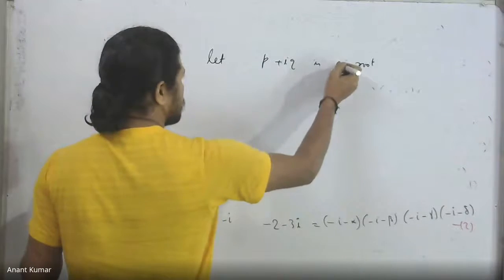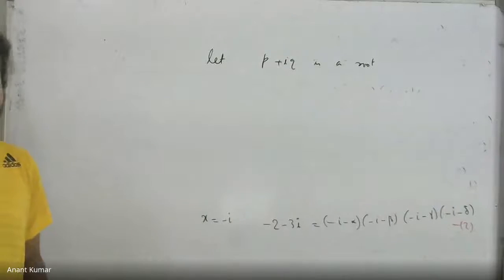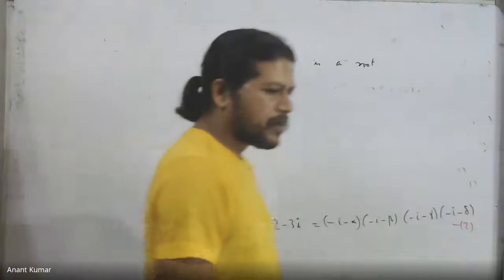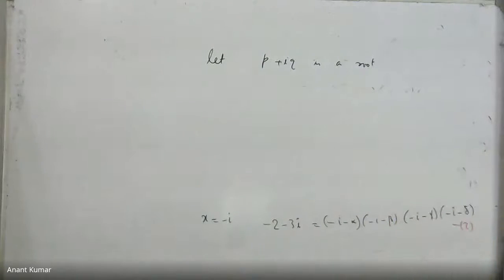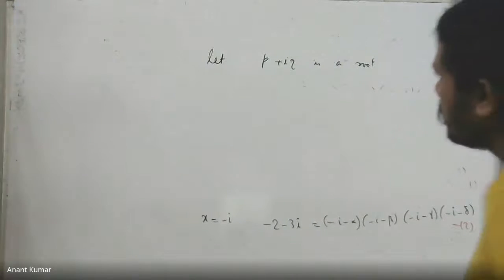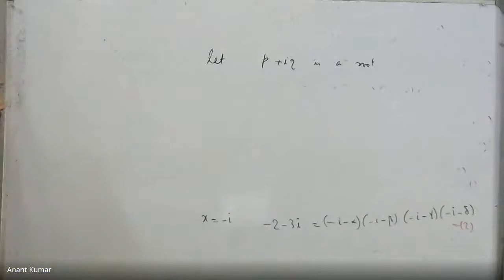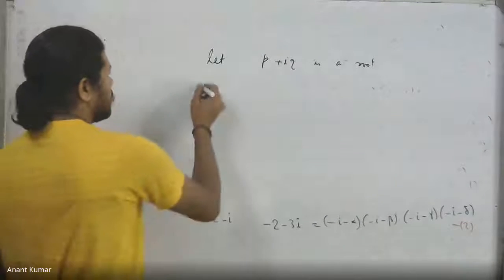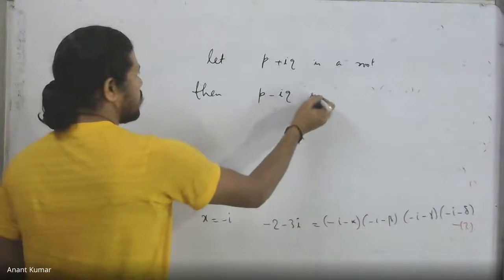This is for the first question that was sent: to show that capital A squared by x minus a plus capital B squared by x minus b and so on equal to k will not have any complex roots. So I'm assuming that p plus iq is one of the complex roots. Then p minus iq will also be a root.